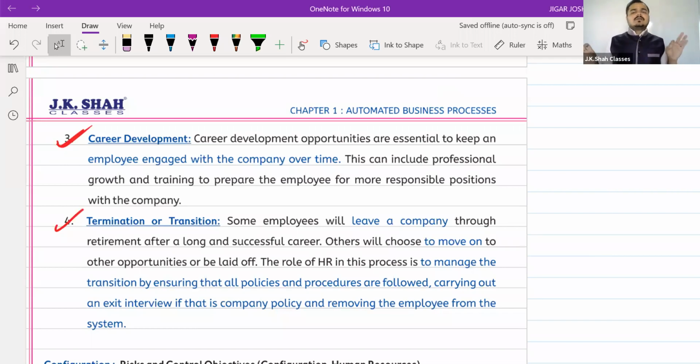And last but not the least, my dear chartered, termination. Termination would be on three fronts. First, after a long and successful journey, the person retires successfully. This generally happens in government organizations where teachers and government staff retire exactly at their retirement age.